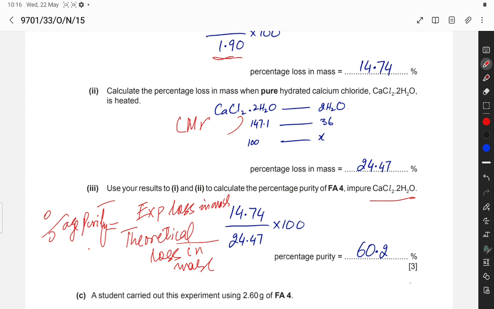So this is equal to 60.2%, the percentage purity.